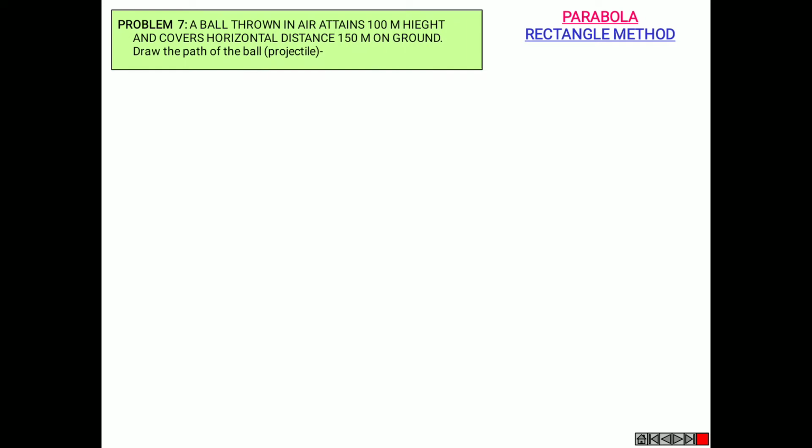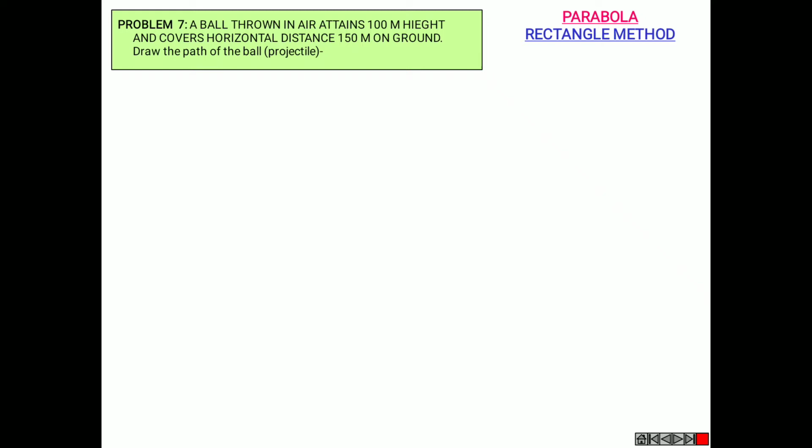It's problem number 7 in these geometrical constructions in conic sections. Problem number 7: a ball thrown in air attains 100 meters height and covers a horizontal distance of 150 meters on ground. Draw the path of the ball, nothing but the projectile.